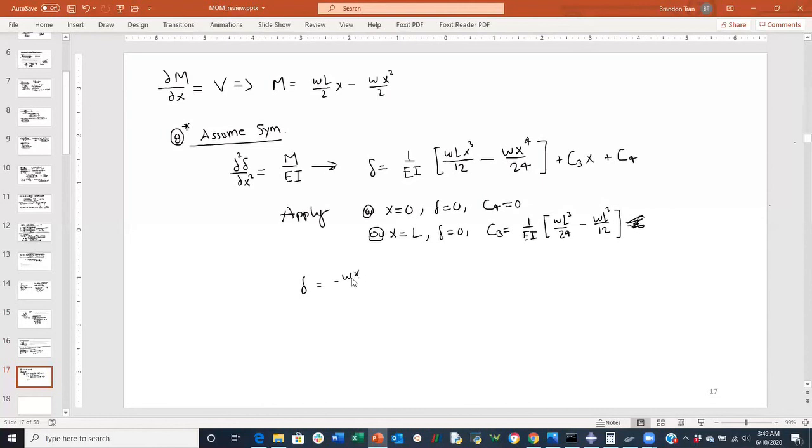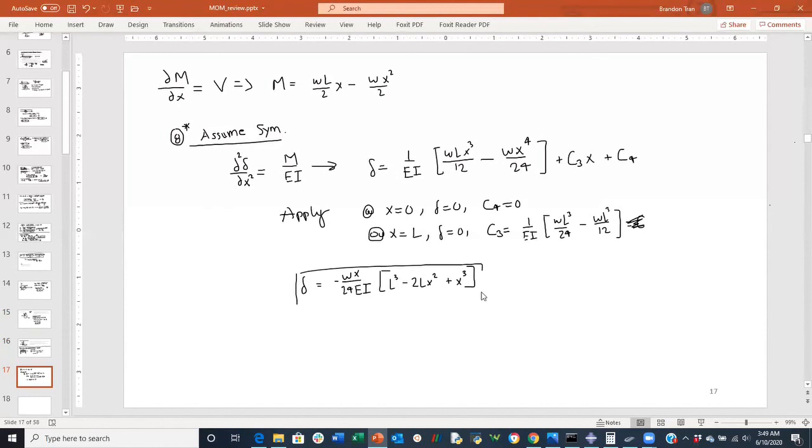That's whatever x location you so choose in the problem. 24 times the Young's modulus times the inertia, multiplied in brackets, the length cubed minus 2L x squared plus x cubed, right?